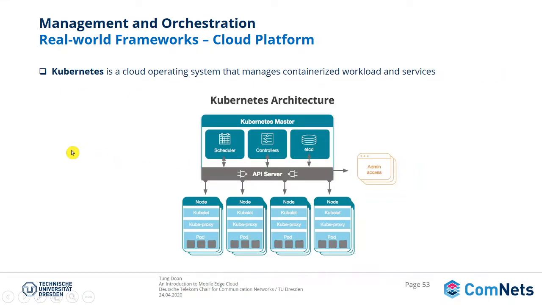Unlike OpenStack, Kubernetes is a cloud operating system that can manage containerized workloads and services. You can see in this figure, this figure shows the Kubernetes architecture. Kubernetes includes two layers. The first layer is the master layer, and the second layer is the worker layer.